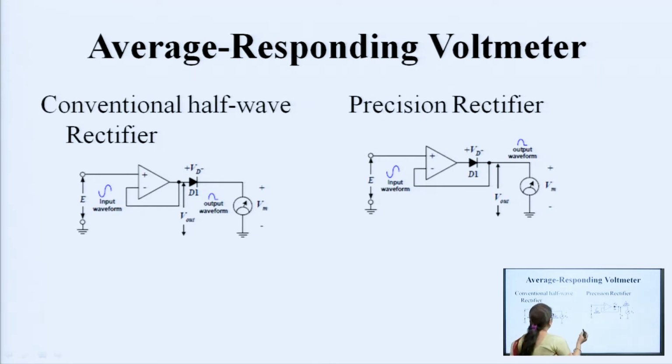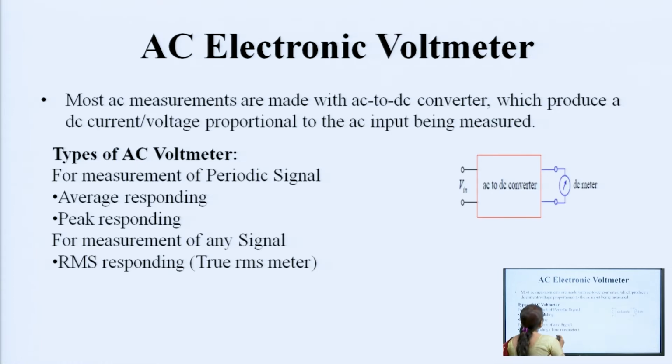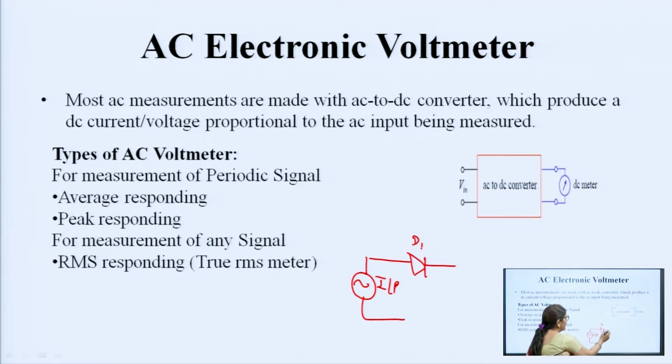Suppose we are using a diode. Suppose we want to measure a signal. So, we have that input signal, whose amplitude we want to measure. Then we will connect a diode, and then we will use a PMMC instrument.